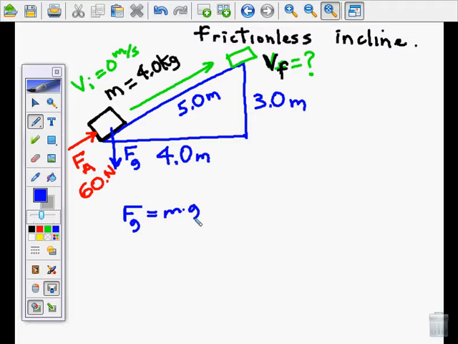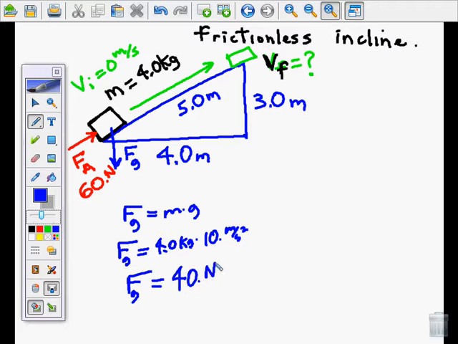So if the mass is 4 kilograms, Fg is going to equal 4 kilograms times 10 meters per second squared. And you're absolutely right, it's going to be 40 newtons. So that's the whole Fg force, 40 newtons.